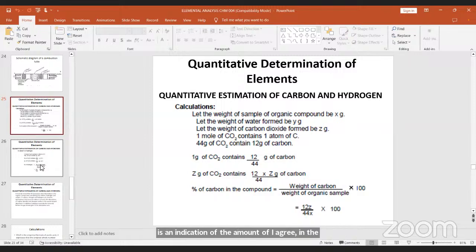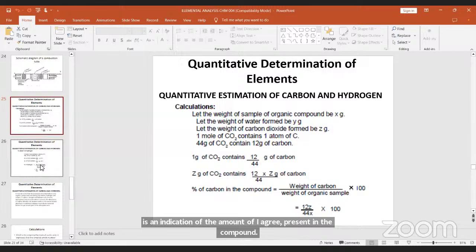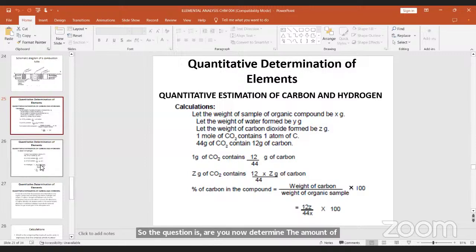So the question is, how do you now determine the amount of carbon that is present and the amount of hydrogen? So what you usually do is that you know that for every 1 gram of CO2, you are likely to have 12/44 grams of carbon.